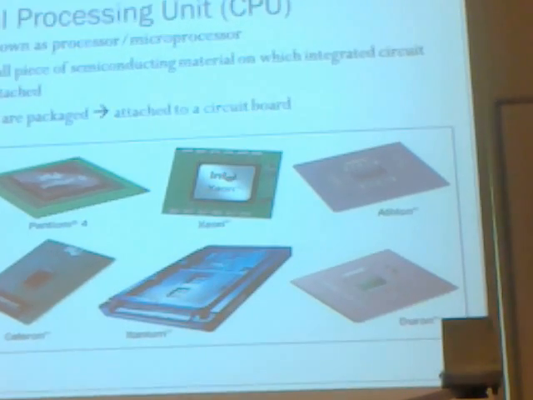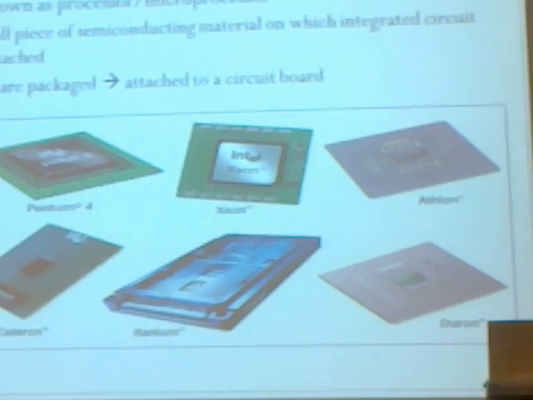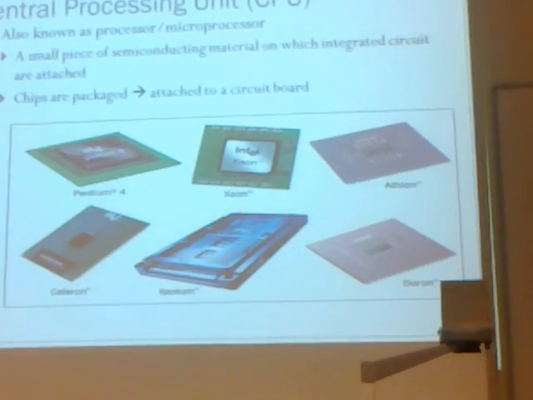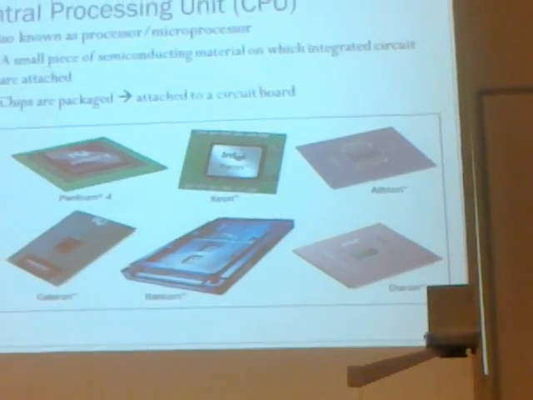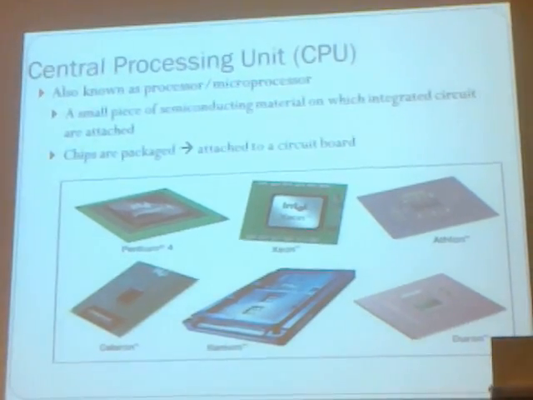Okay, next I will go to the next important component in the computer, the CPU. It's the central processing unit. It's also known as the processor or microprocessor. They call it the brain of the PC.